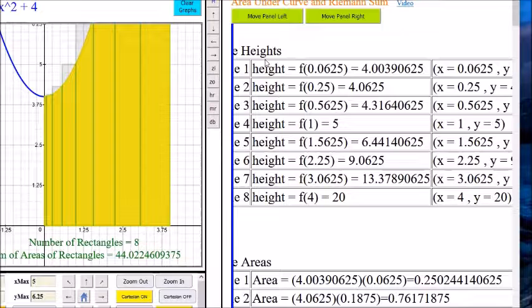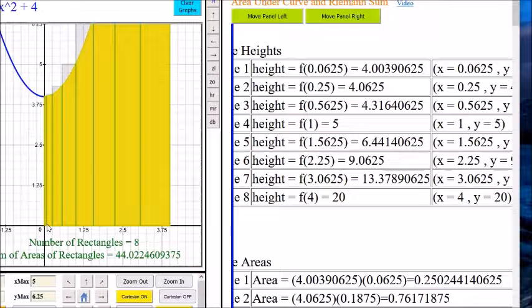And now let's find the heights of the rectangles. For the first subinterval, which runs from 0 to 0.0625, we want to use the right endpoint method.